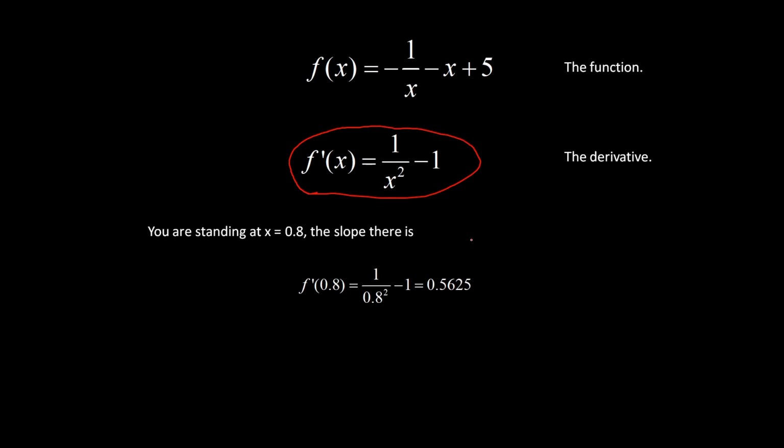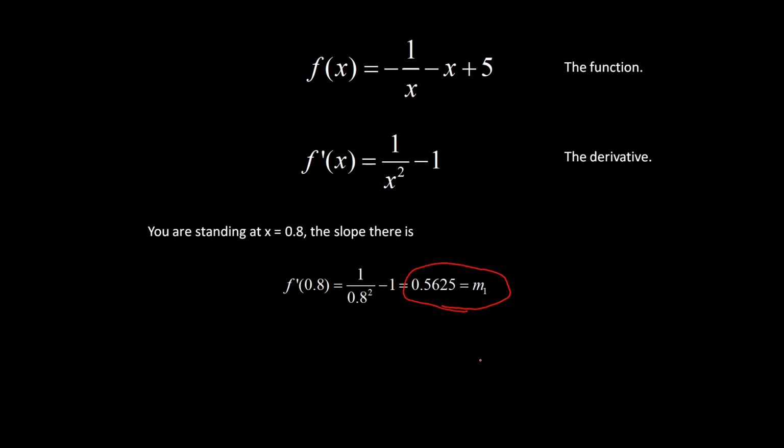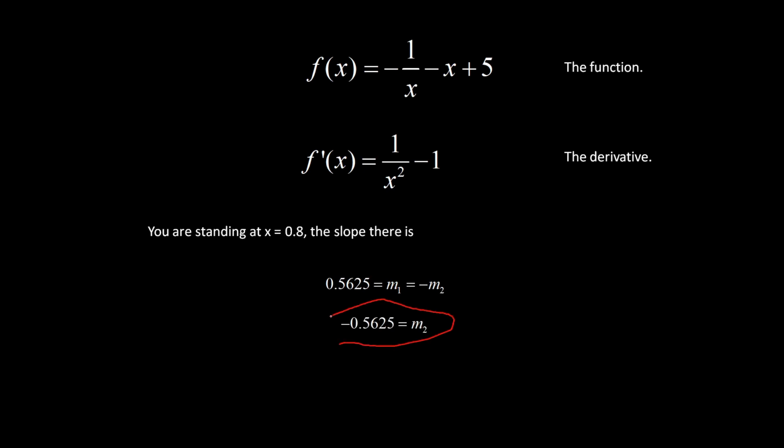So if you want your slope, then you just plug your position into the derivative. And so we find then that you're standing at a slope of 0.5625. And we called your slope m1. And remember, our condition is that you and your friend have the same steepness, which means m1 equals minus m2. And so your friend will have to be at a steepness then of minus 0.5625.